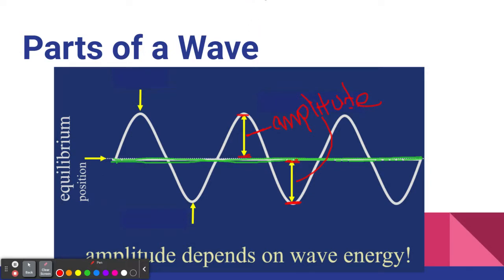The other one we have here is the crest. The crest is going to be the highest point of a wave. So here's the crest. And then the lowest point of a wave is going to be down here. This is the trough. So crest, just like the crest of a mountain, the tippy top point of a mountain.